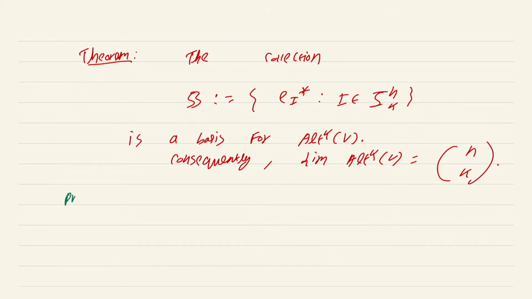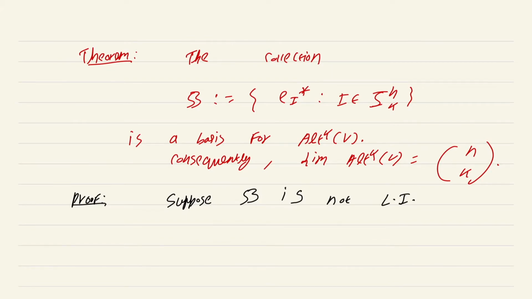So essentially I have shifted over the burden of proof to you. Proof: first, let's see whether this is linearly independent or not. Suppose B is not linearly independent.